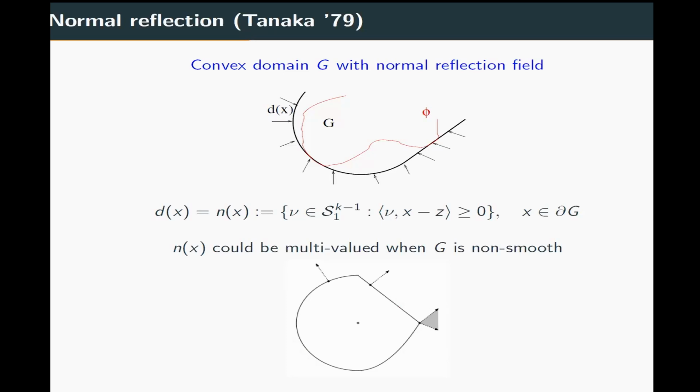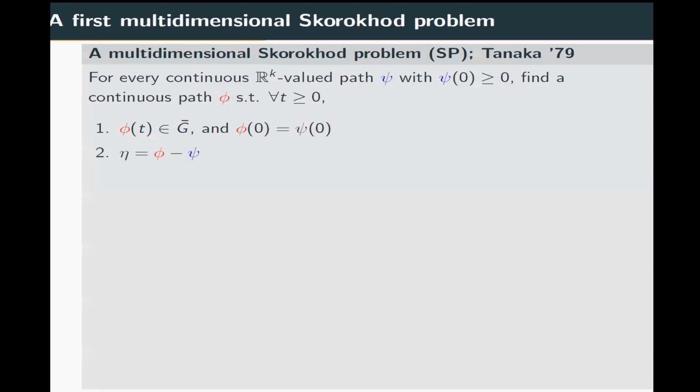So yet another feature of the Skorokhod problem in non-smooth domains is that it's not just discontinuous and singular, it's also more like a differential inclusion than an SDE. The pushing can lie in a whole set of points, not just one. So these are the three things that make it quite hard.